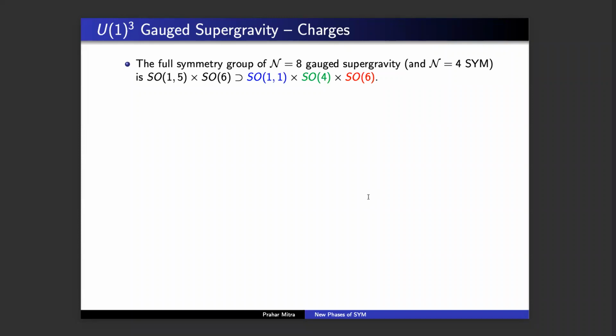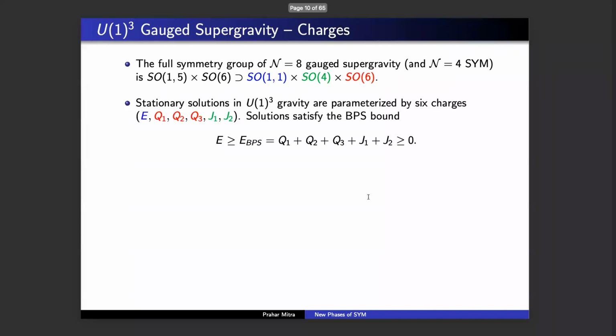So the full symmetry group here is this SO(1,1), which gives us the energy of the state; SO(4), which gives the 2 angular momenta, so the Cartans of SO(4) are J1 and J2; and the Cartans of SO(6), which is the R-symmetry group from the super Yang-Mills point of view. It's just the isometry group of the S5 on which you're compactifying. The 3 R-charges for that are labeled Q1, Q2, and Q3.